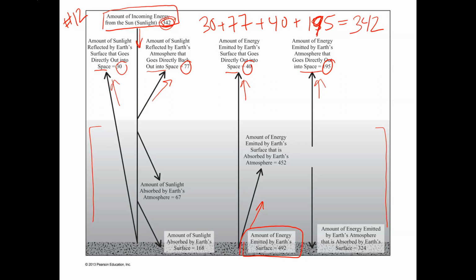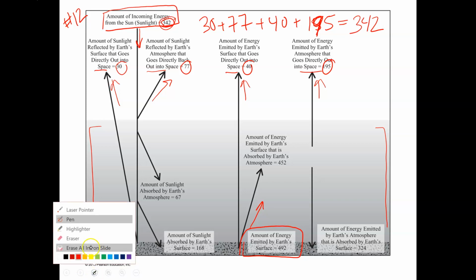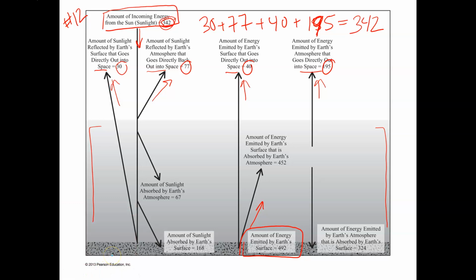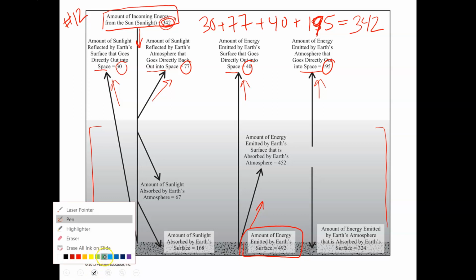Number 13. What type of light primarily heats the Earth's surface, and where does this light come from? And then same question for the atmosphere. So let's look at the Earth's surface. I'll switch my color, I'll do green for the Earth's surface.